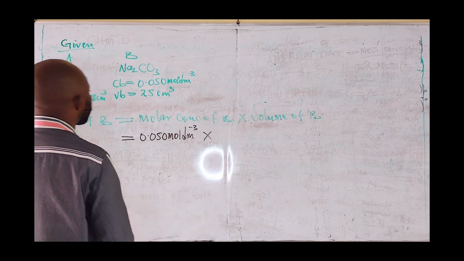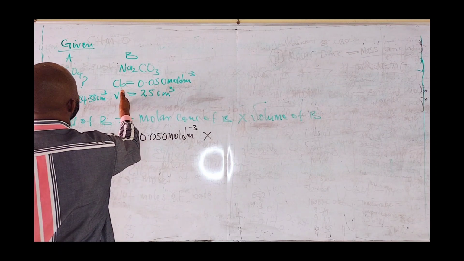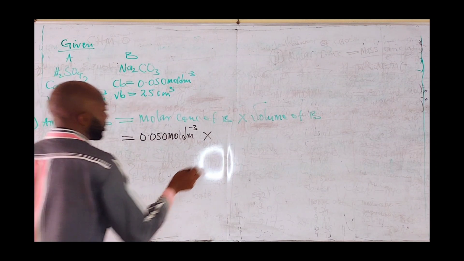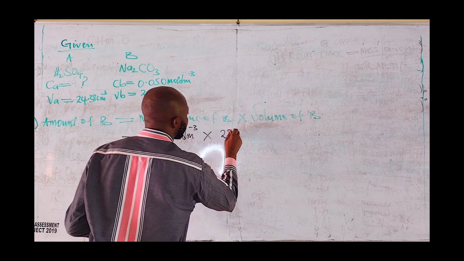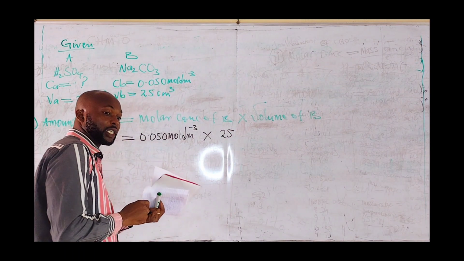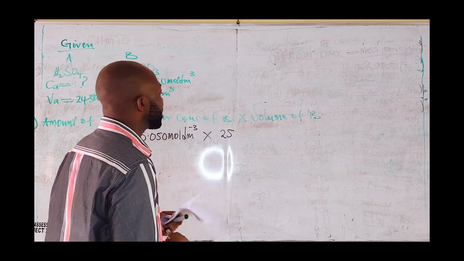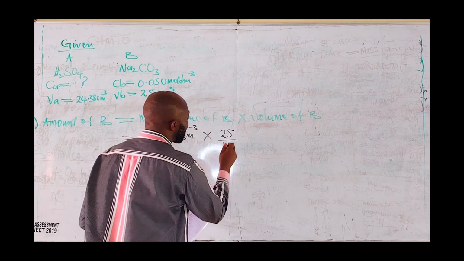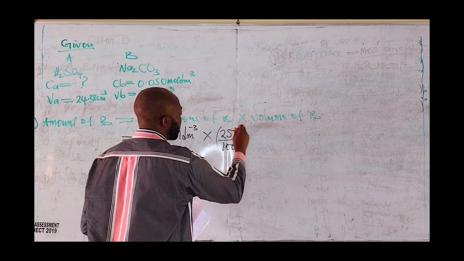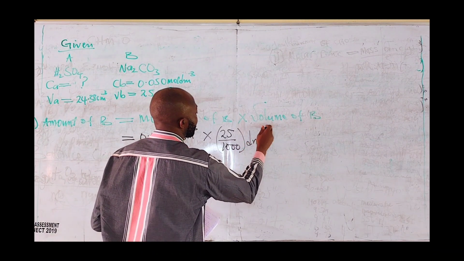The volume of the base is 25. Remember, we said we converted, the unit is in dm cube. So we convert it to dm cube by dividing by 1000. So this is over 1000, which is in dm cube.